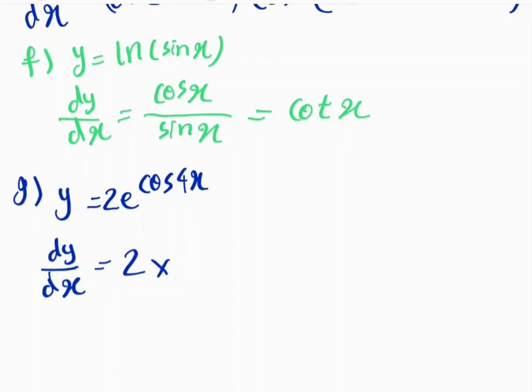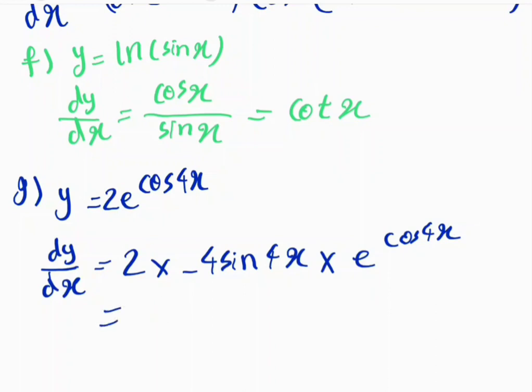So cos 4x differentiates to minus 4 sine 4x, times the e to whatever power it has originally, which is cos 4x. And this can be simplified to minus 8 sine 4x e to the cos 4x.